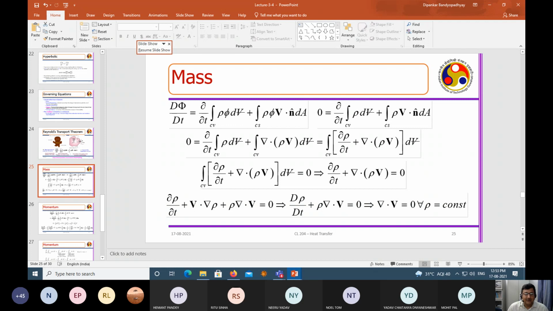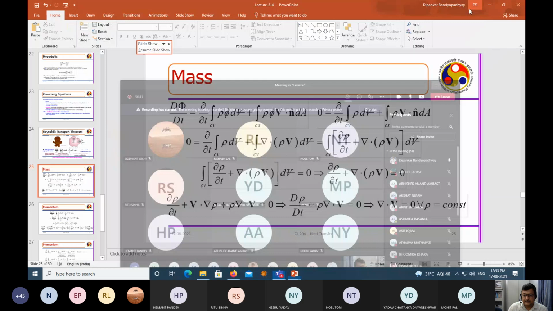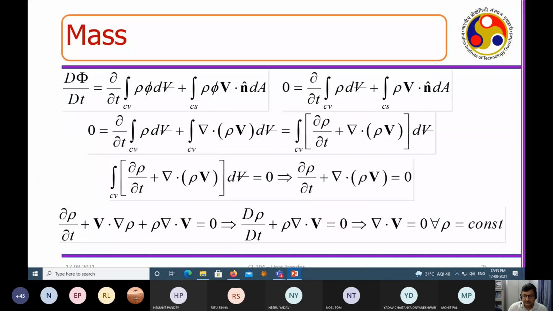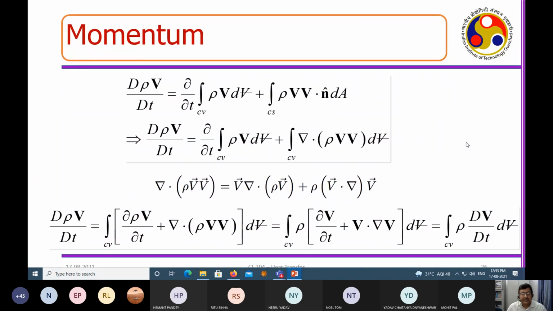Great. Now, this is related to mass conservation, okay? Now, in case of momentum, what will be my phi? Can anybody tell me, in case of momentum, what will be my capital phi? What will be my small phi?